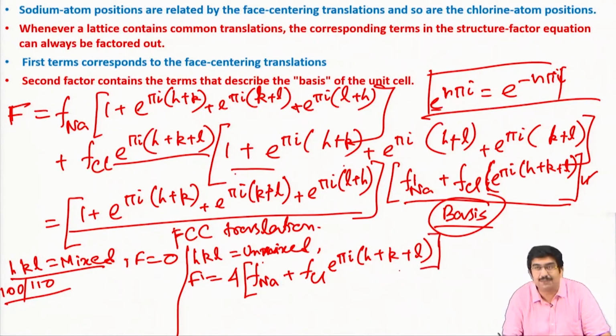This one is similar to the body centered condition. If you remember the body centering, depending on whether H plus K plus L was even or odd, sometimes we were getting intensity, and sometimes we did not get any intensity. In this case, that won't happen, but there is an additional condition in the unmixed case.